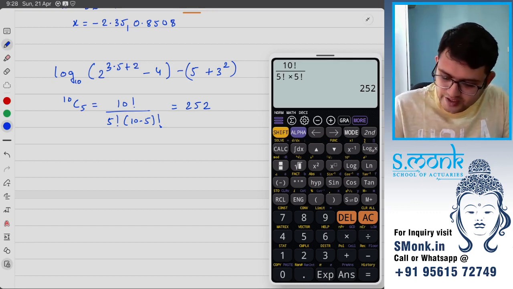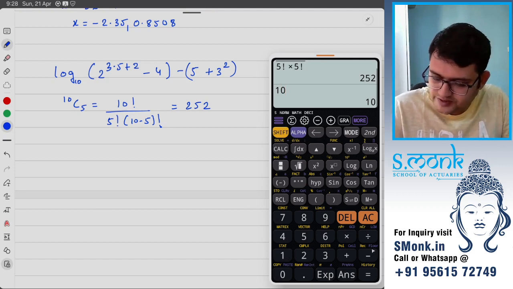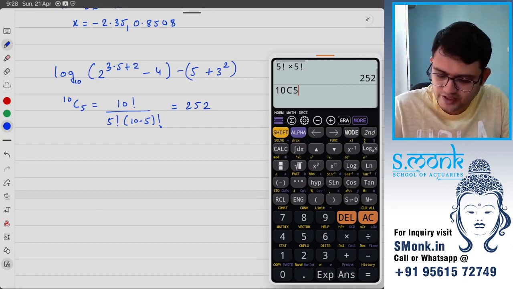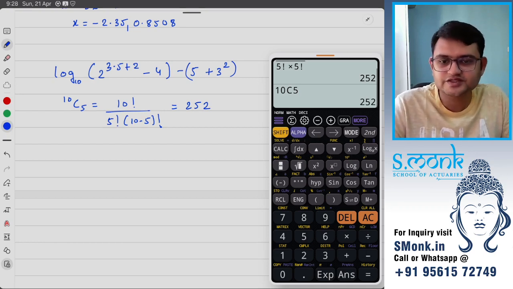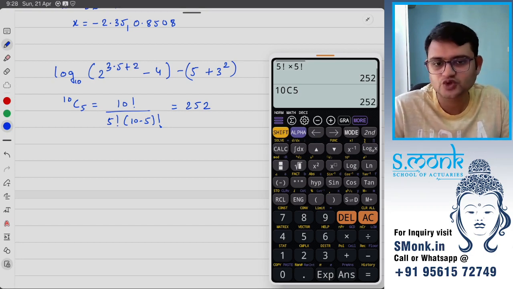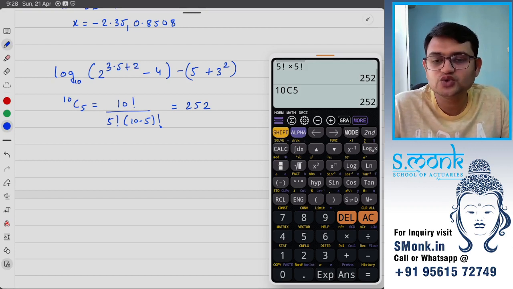So for this I can say 10, shift, and then press the division button, I get a C, that is for combination, and 5 equal to. So this is 10C5. 10C5 is 252, right? So this is how we use the shift and the alpha button.